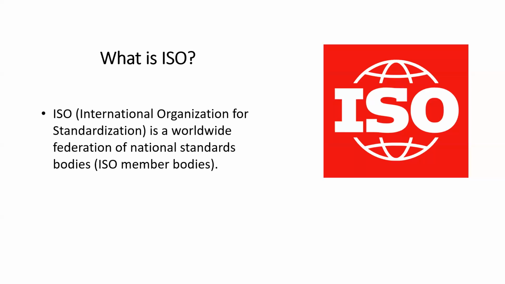As I said, ISO is an independent, non-governmental organization. On a regular basis, they publish standards, and these standards make sure that quality, safety, and efficiency are maintained, whether for the product, the service, or the system.